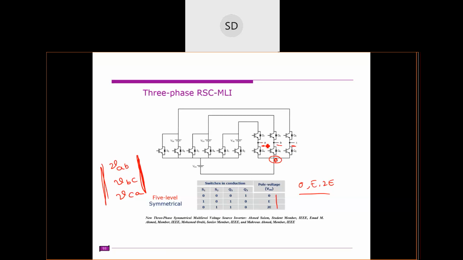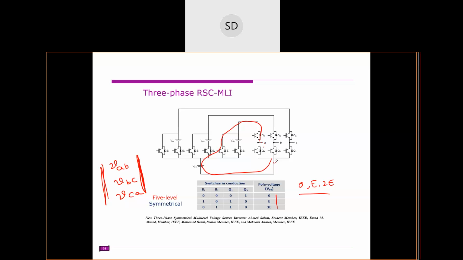If you want to measure voltage between A and 0, you can get 0 voltage. So 0 voltage can be obtained if you turn on this switch directly, in the A phase. If you want VDC voltage, you need to turn on like this.